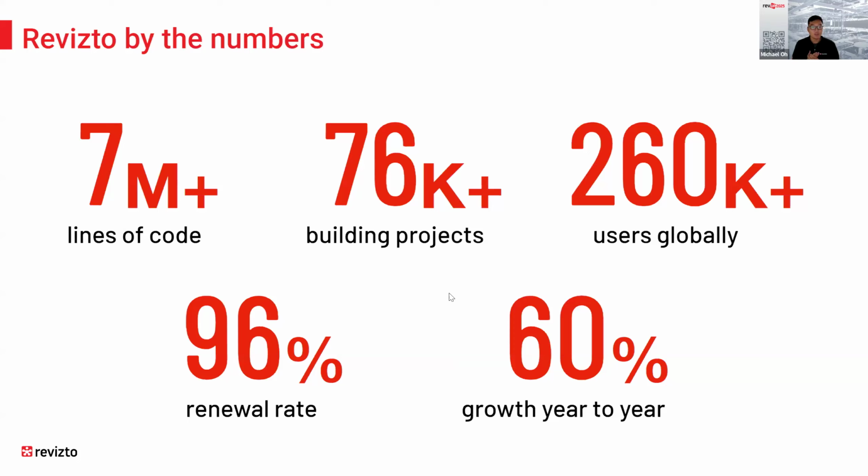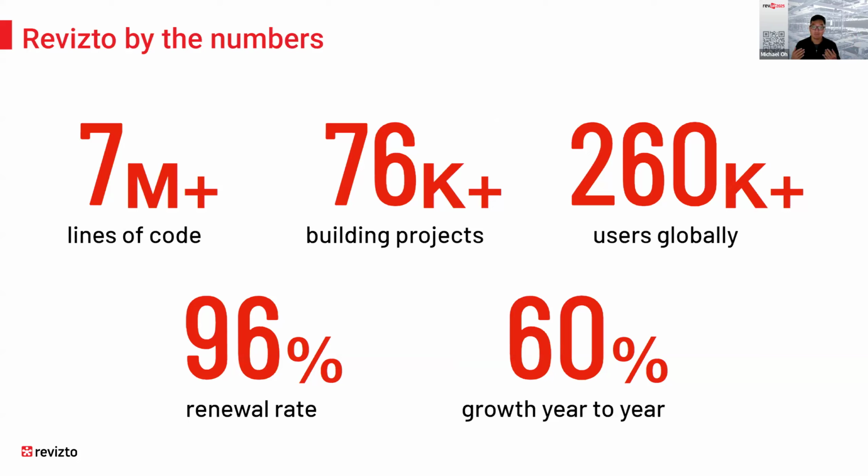Some figures to illustrate that Revizto is not a new kid on the block. If you were around a little earlier, we were founded in 2008. And we're composed of 7 million lines of code, which is really a testament to the ability of our engineering and development team.